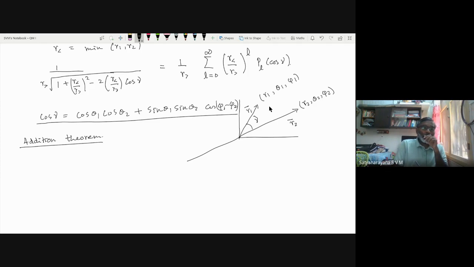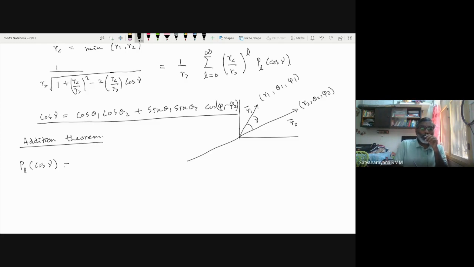So you ask the question, what will be your PL of cos gamma? PL of cos gamma is a function of theta 1 phi 1 and theta 2 phi 2. So now you ask, what will this be equal to in terms of that?